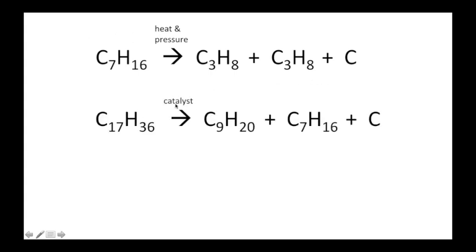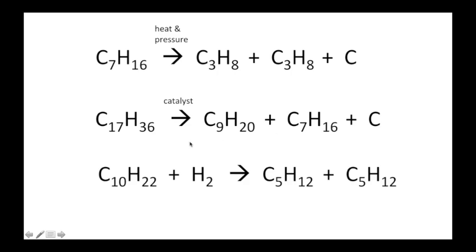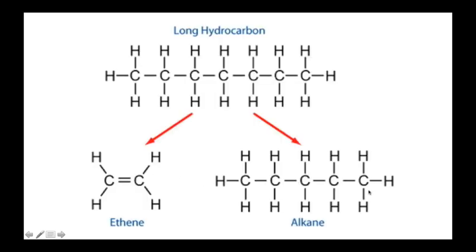We could use a catalyst to break this C17 molecule into these two smaller chains and a carbon left over. We can use hydrocracking, where we add hydrogen to a molecule and break it into those two shorter chains. Lots of times you'll see hydrocarbon cracking represented this way.